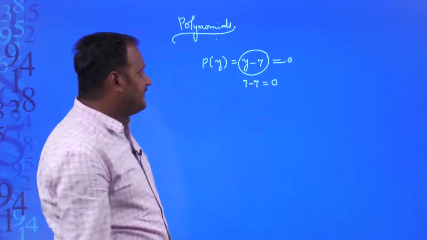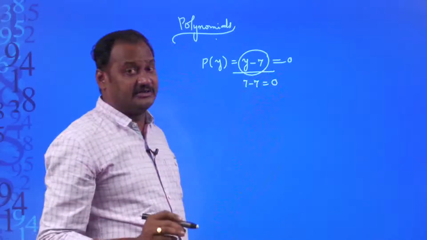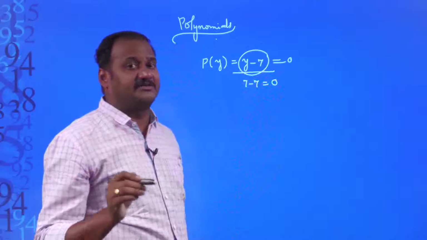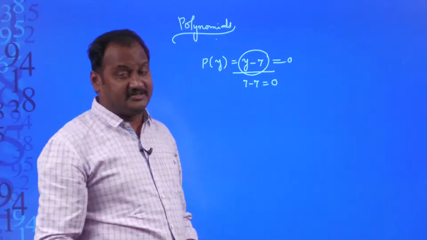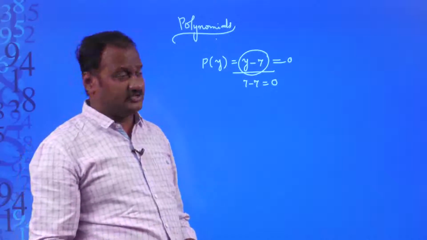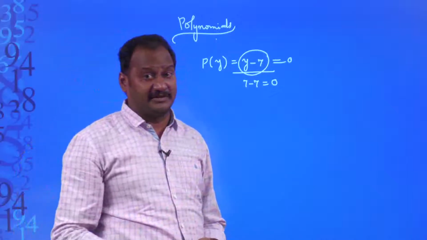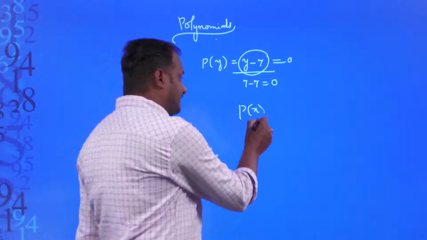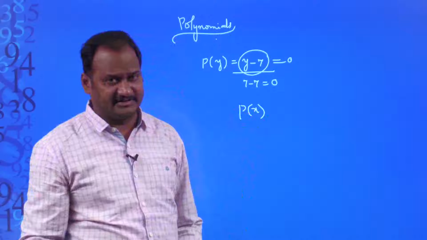It means the value of the polynomial will be 0 for which value of the variable involved. That value of the variable to make this polynomial 0 is said to be a zero of the polynomial, right? So, now we are defining what is meant by zero of a polynomial, right? Let us consider p of x is a polynomial, either it is first degree, second degree, third degree, fourth degree, whatever it is.